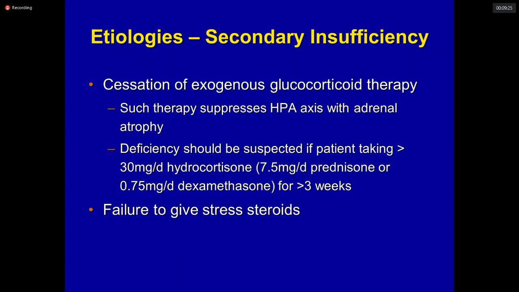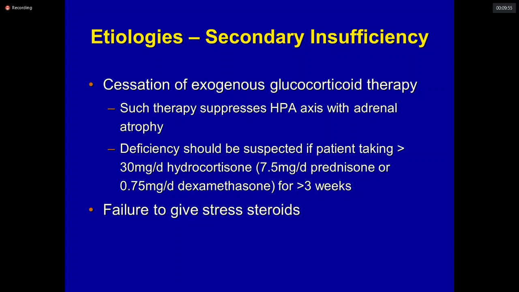While in secondary, when we have low ACTH, it would be most probably related to cessation of exogenous glucocorticoid therapy because of iatrogenic causes, since steroids is a common medication used in different settings. As you read, you'll find out that we use it to control inflammatory conditions, autoimmune conditions, and different indications in different areas of medicine.